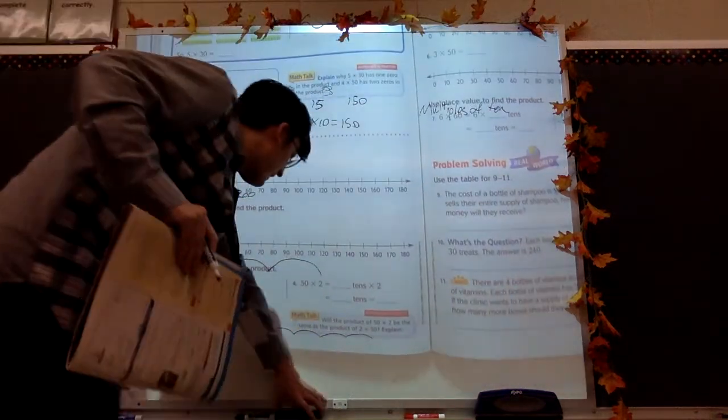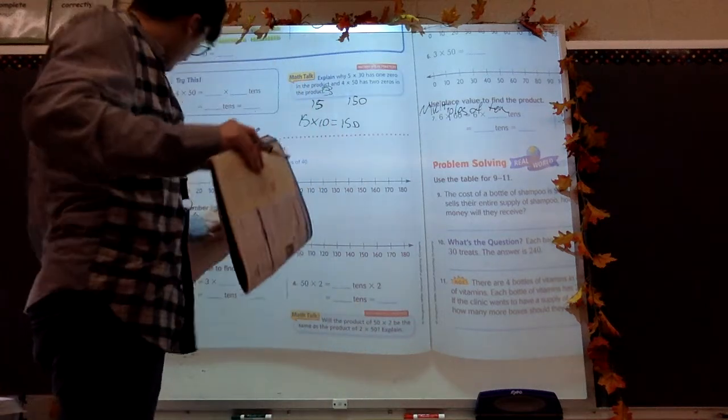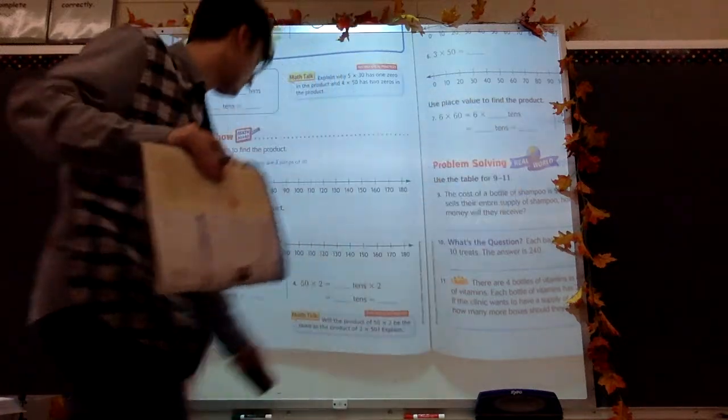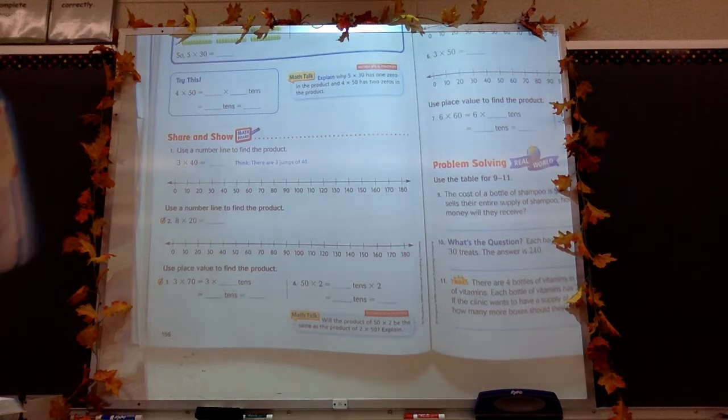Moving down to the very bottom here, let me erase my board. Number 3, use place value to find the product.